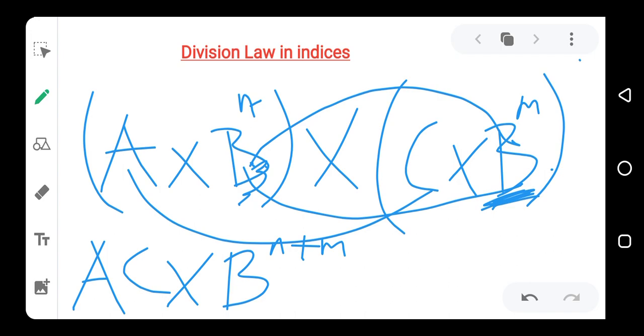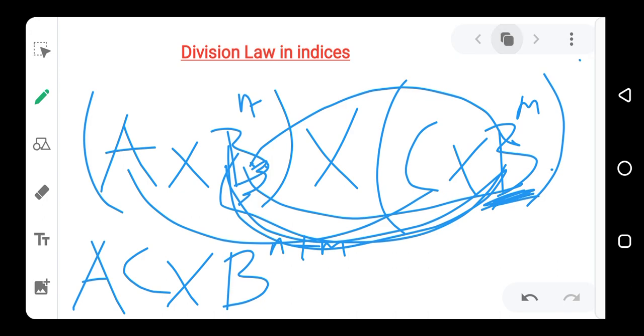Normally, most index numbers or indices are expressed in the base of 10, so 10 raised to power something. But sometimes it is not always 10.